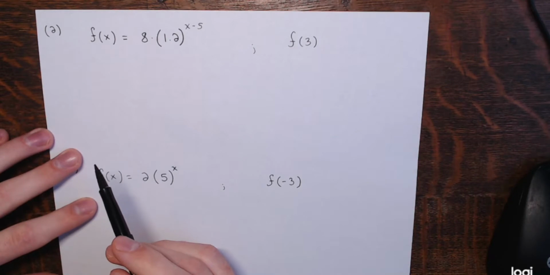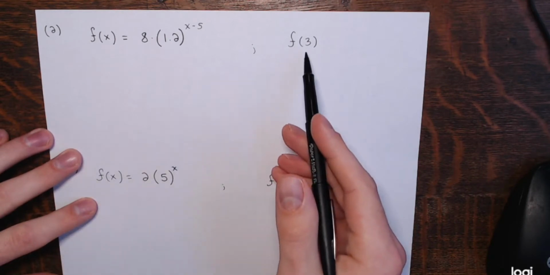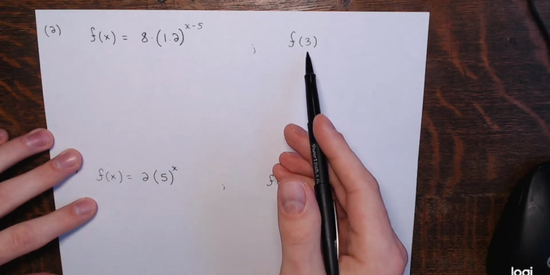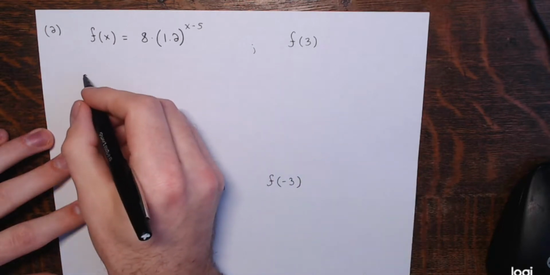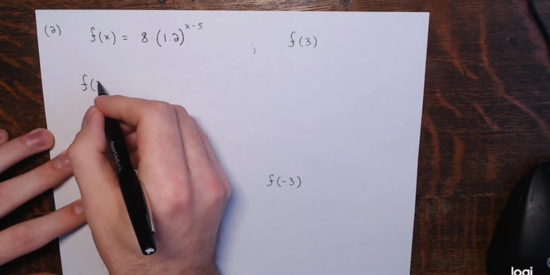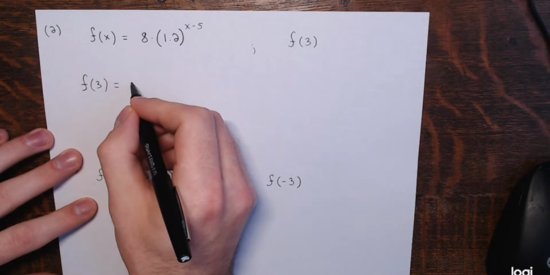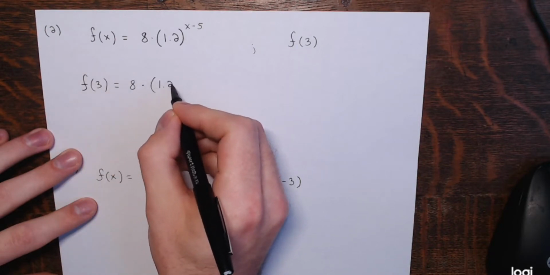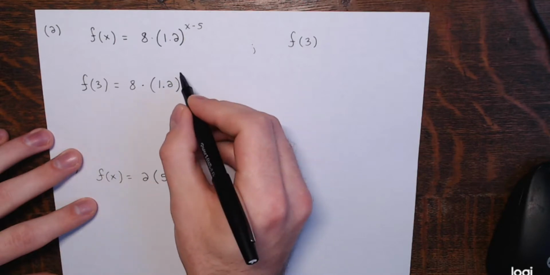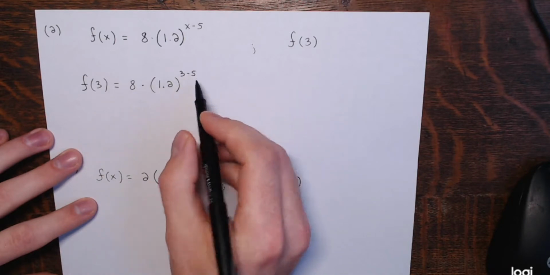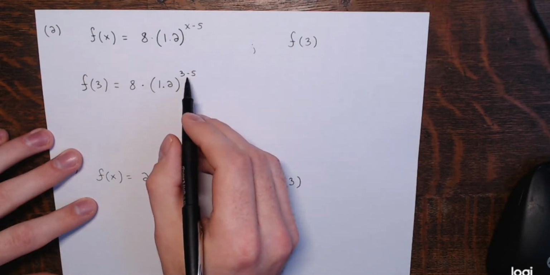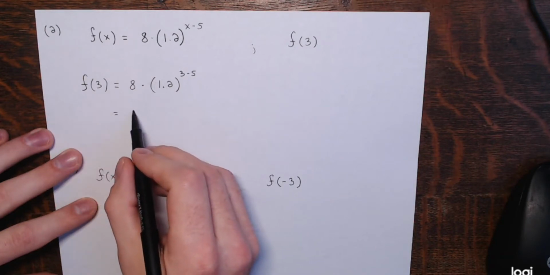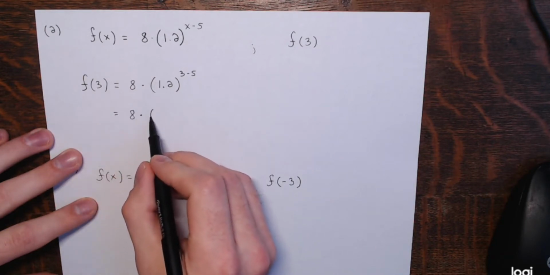And we're asked to evaluate the function when the input is 3. So simple enough. f of 3 is 8 times 1.2 to the 3 minus 5 power. Now 3 minus 5 is negative 2.